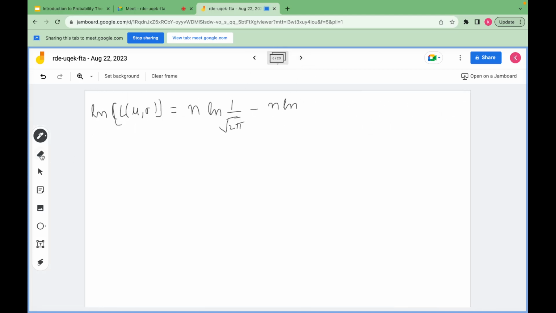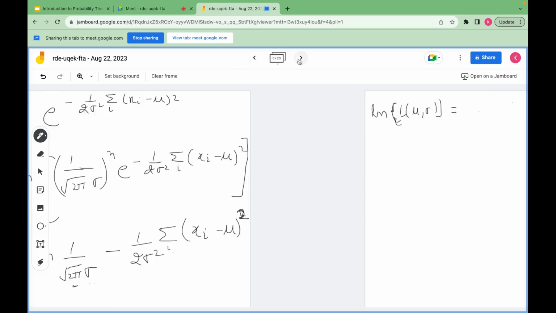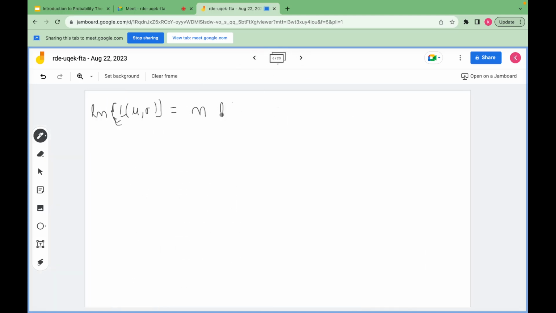Now this will become n ln 1 minus 1 upon 2 sigma square summation over i of (xi minus mu) whole square.